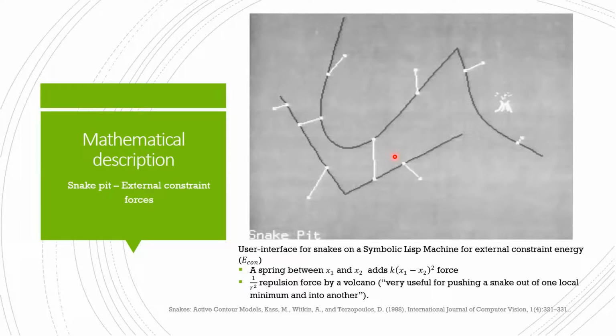I have not run it, but as I think, in case we are doing it using this traditional snake, if one snake is inside the object and another snake is outside the object, then one snake basically identifies the object.